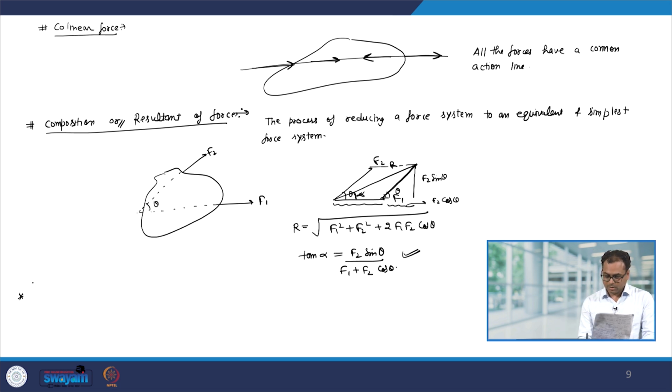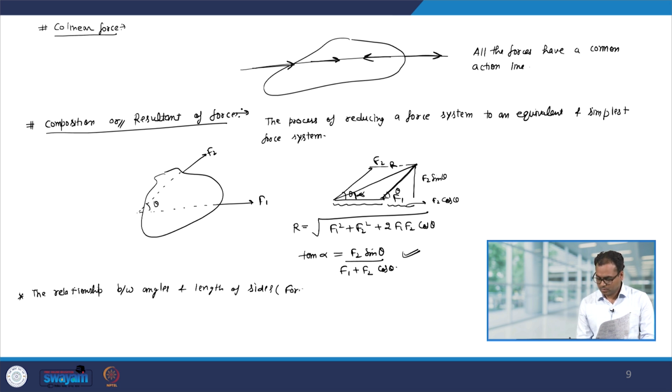Now, let us also recall the relationship between angles and length of sides, which are basically represented by the forces.